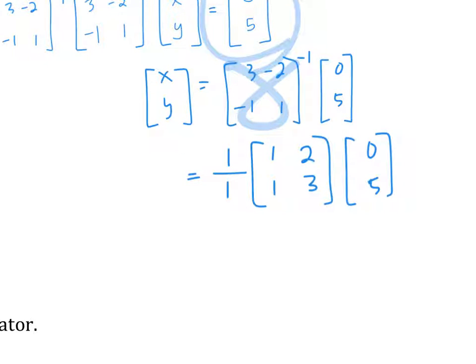Are you guys still good? Some people are squinting, so if you have questions, just ask. All right, well, the determinant is just 1, so I'm going to ignore it. Now I'm going to multiply those 2 matrices together. 1, 2, 1, 3 times 0, 5.